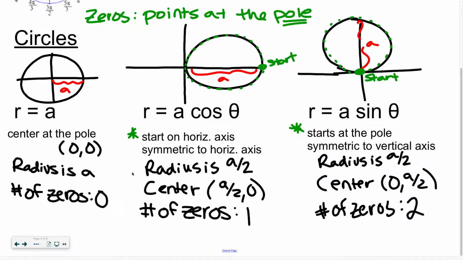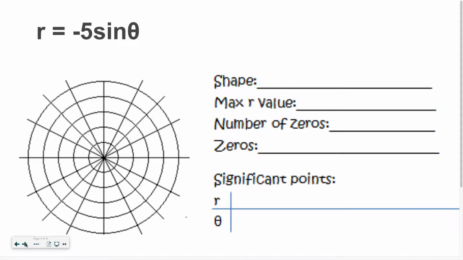Now you will get a homework assignment that is a worksheet, so you won't have to copy all this down every time. If I were putting this in my notes right now, I would do a simpler version where maybe I just do the vertical and horizontal axis, and you can put in the other lines if you want.